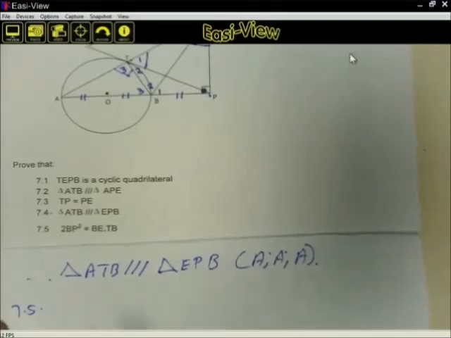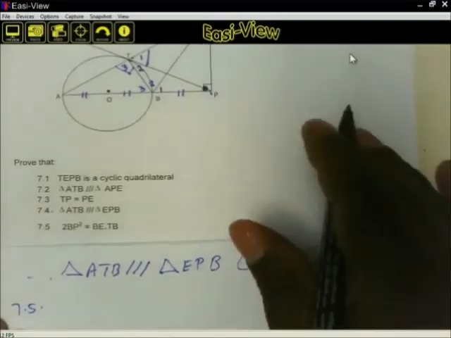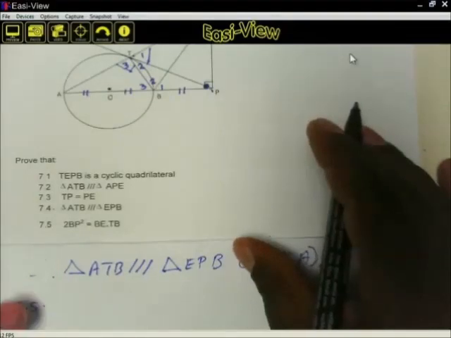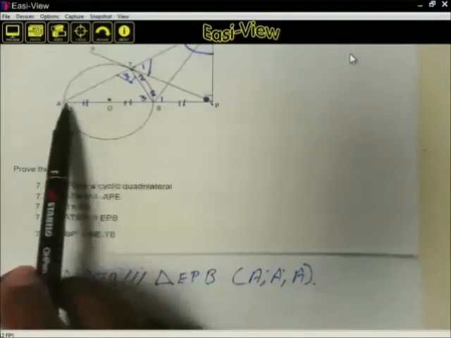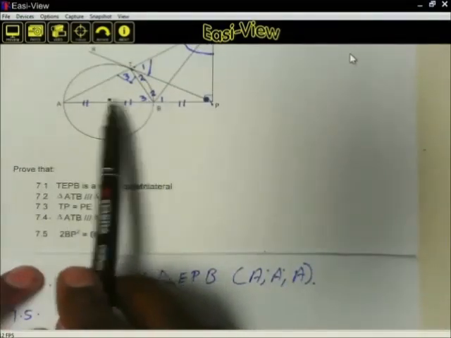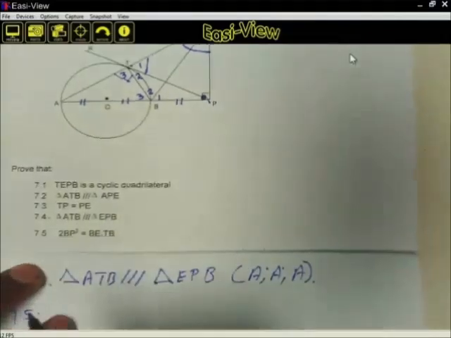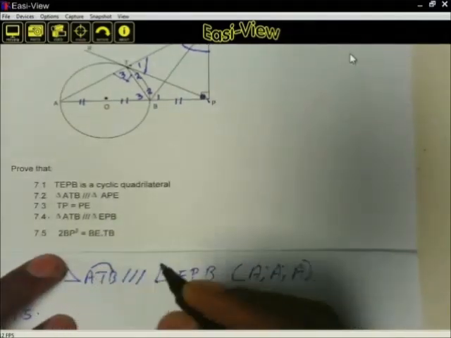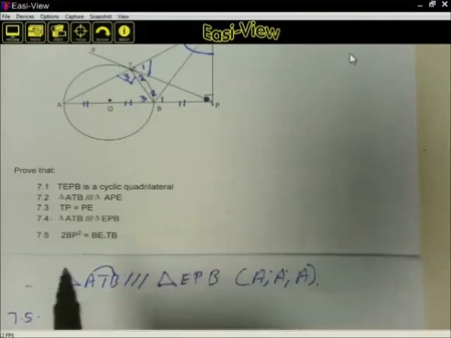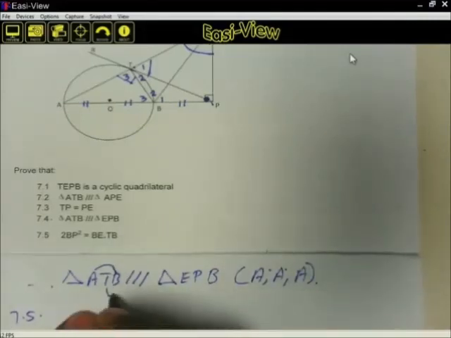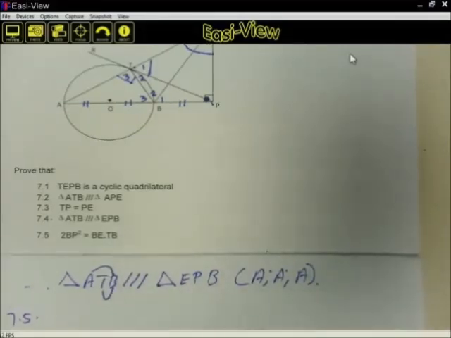Why do we have to take the sides in order? Because it makes the proportion easy. Let's check. AB equals AO plus OB. If you take AB over TB, order is very important when writing that the two triangles are similar.